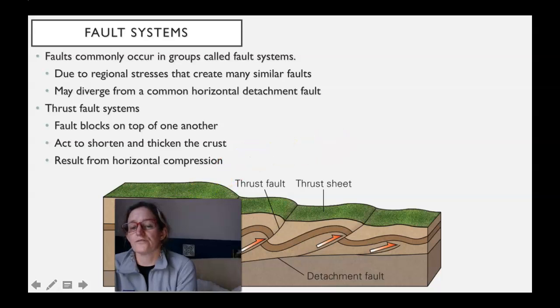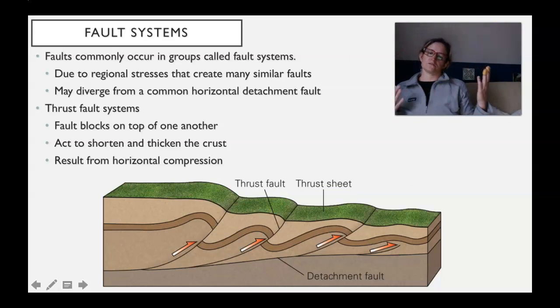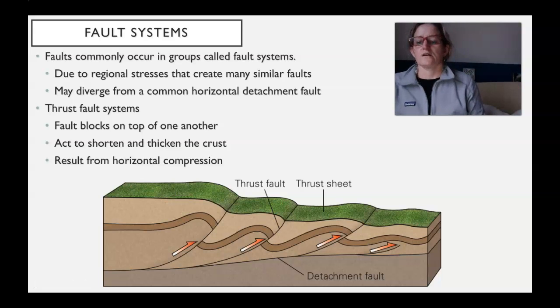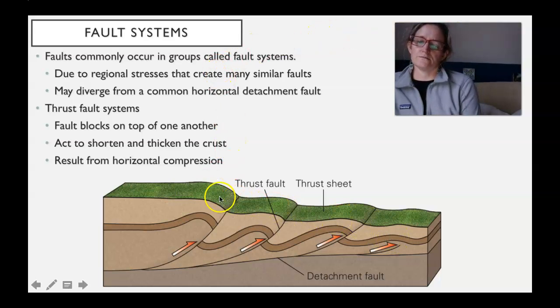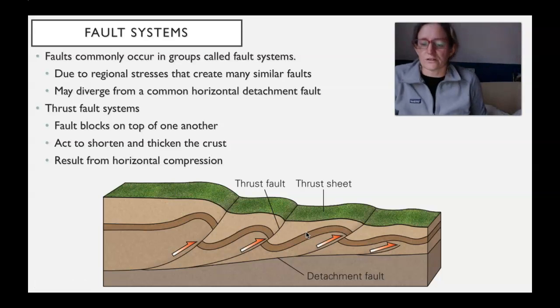Faults don't usually happen just in place, one by itself. There's usually going to be a fault system, a group of faults. This image shows a group of thrust faults, and those thrust faults are boundaries for these thrust sheets, big packages of rock that have been stacked on top of each other during continental collision.